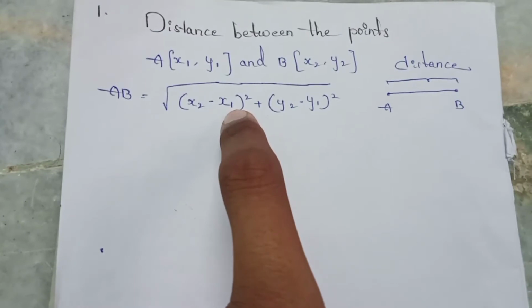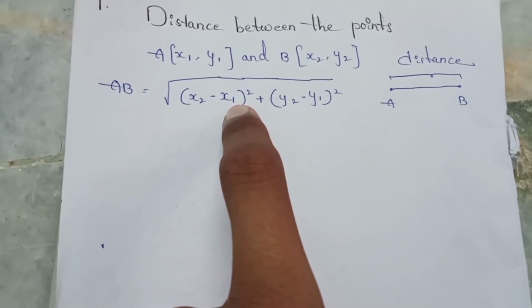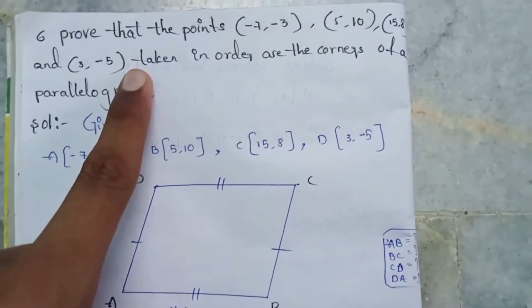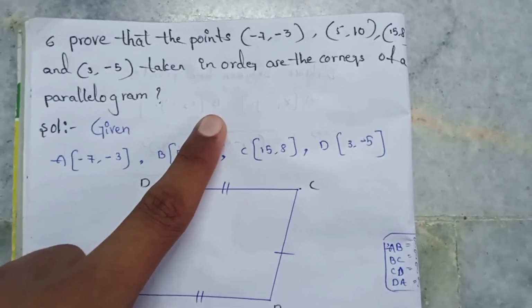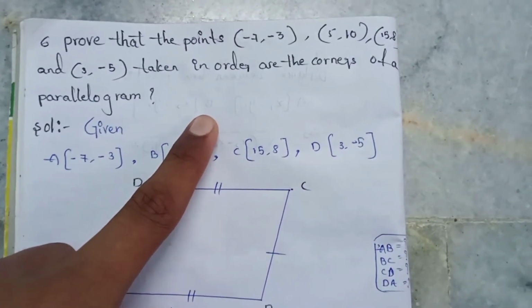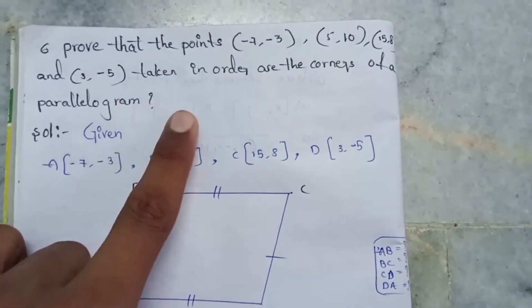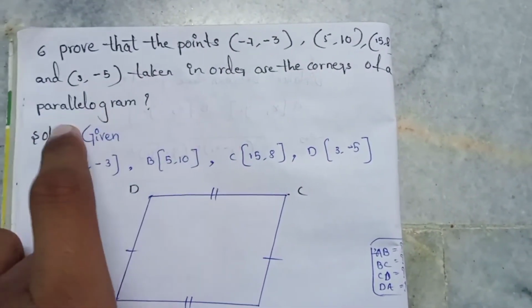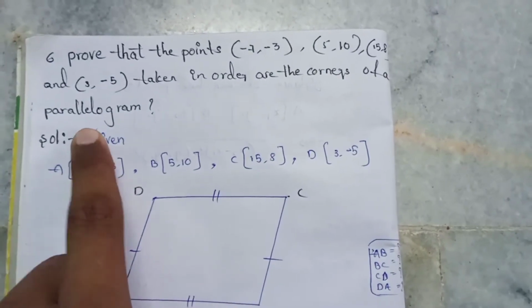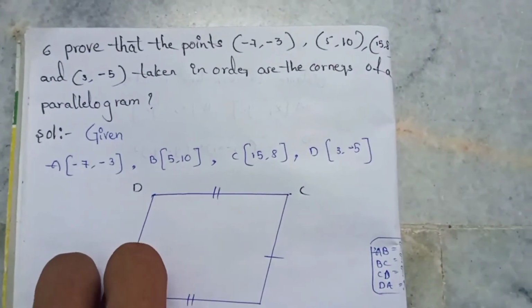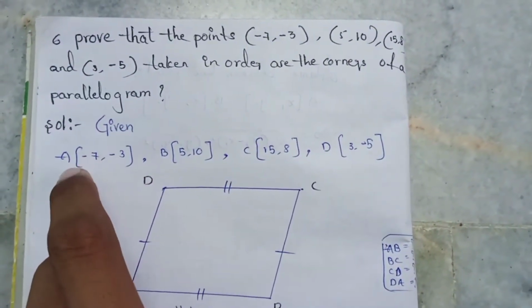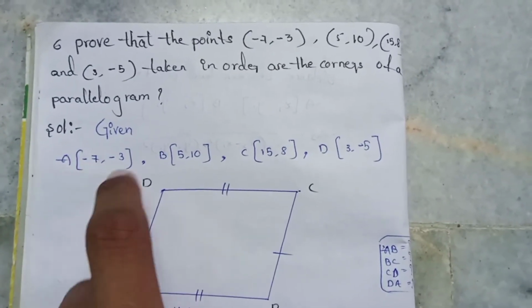Now let us do exercise 7.1 sixth problem. Prove that the points (-7, -3), (5, 10), (15, 8) and (3, -5) taken in order are the corners of a parallelogram. What is given in the question? Let us point the points.